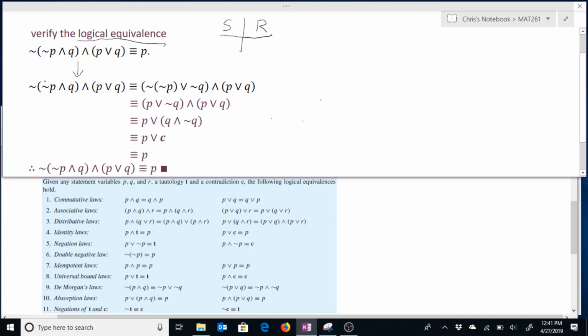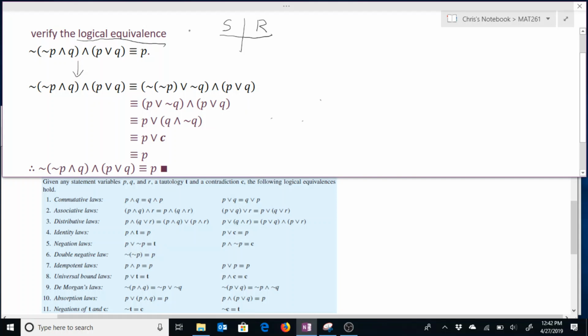So the negation of (not P and Q) and (P or Q), that being logically equivalent to the negation of (not P or not Q) and (P or Q).